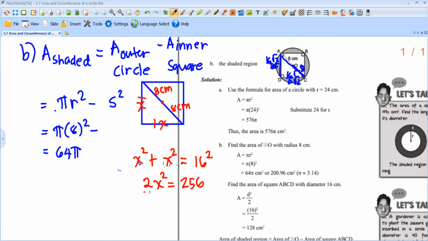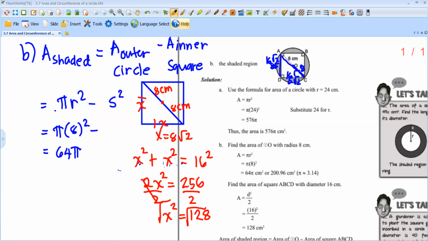And then we will divide it by 2. So x squared is equal to 128. That is the side, square root of 128, which is 8 square root of 2. So meaning that the side is 8 square root of 2.